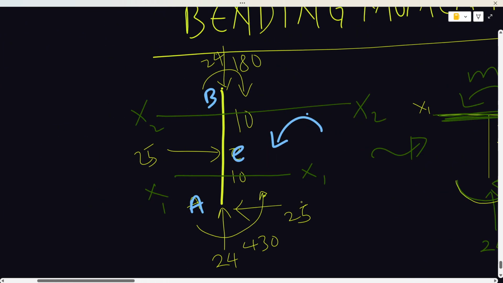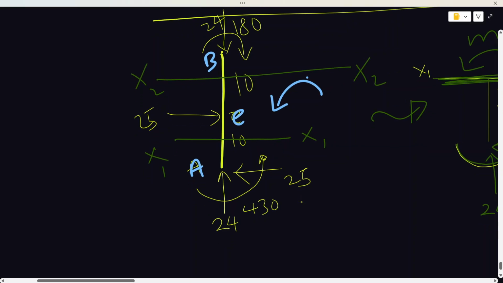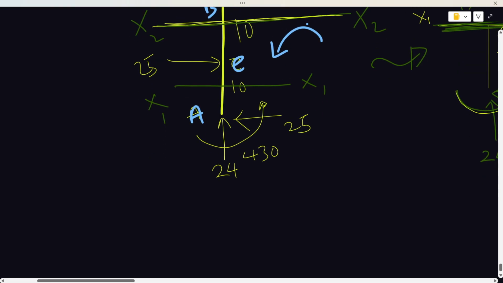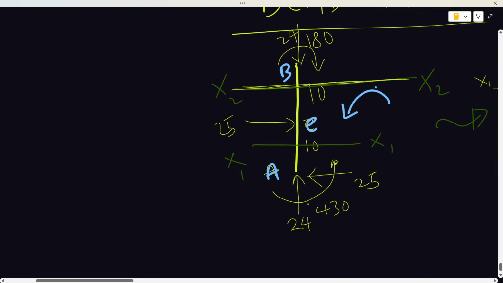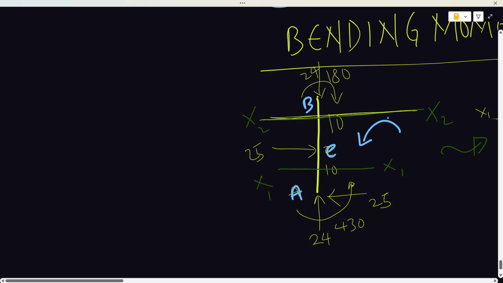Now it remains MB. Remember that when we define shear force and bending moment, we use either of the portions that we have cut to get the shear force and bending moment. Now I'm looking at section X2.